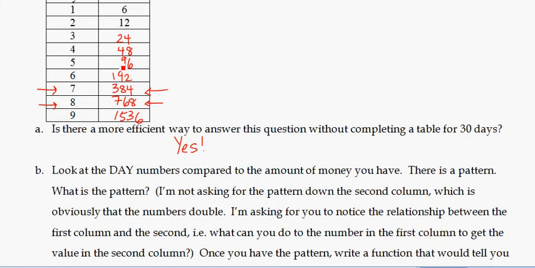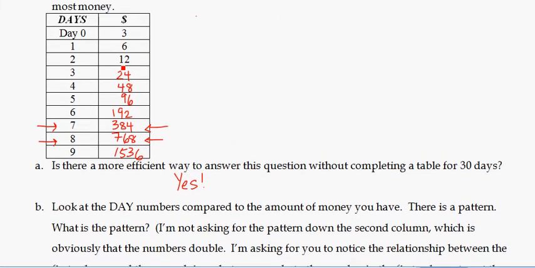To notice the pattern more closely, let's go back to the beginning and think about how we really created these values. We did start with $3, and then we were multiplying by 2. So this 6 is 3 times 2. Then we took that 3 times 2 and multiplied it by another 2. That's how we got 12. Then we took that number, which we could write as 3 times 2 times 2, and multiplied by yet another 2.